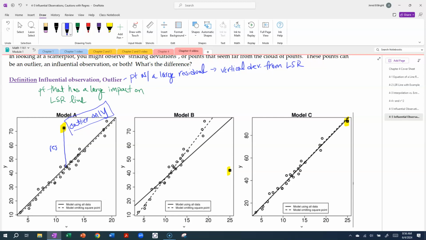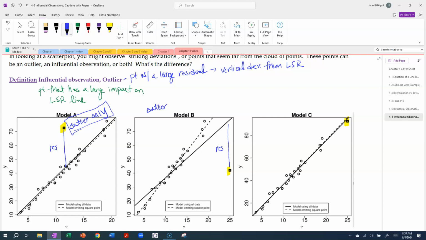Now, under model B, there's a square point. If I look at the vertical deviation here, that would be the residual that I've just drawn in blue. Is that vertically deviated in a big way from the LSR line? Yep, so I would say this is an outlier for sure.